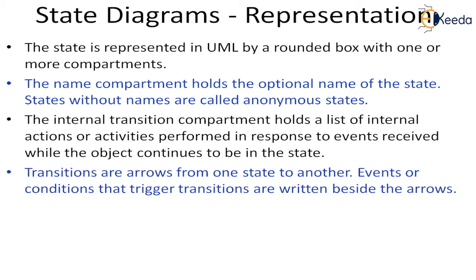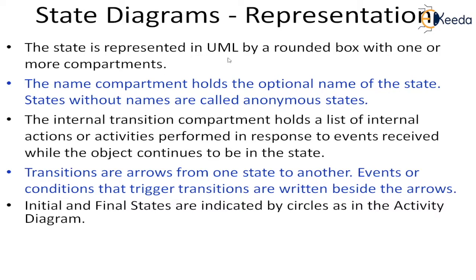So how will we denote it? We will denote the state by a rounded box, and the rounded box can have some compartments. There will be a name compartment that holds the name of the state, and if a state does not have a name, we can call it an anonymous state.